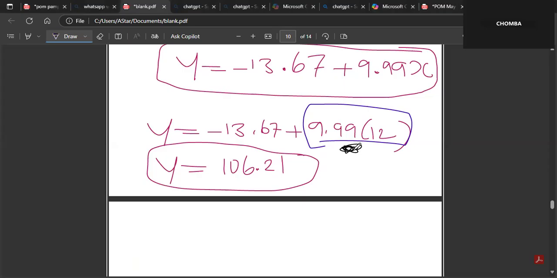Is it 119.88? No. I'm putting 106.21, just confirm. When you multiply 9.99 times 12, then plus this one, that one is minus. Negative 13 point. It's my calculator.